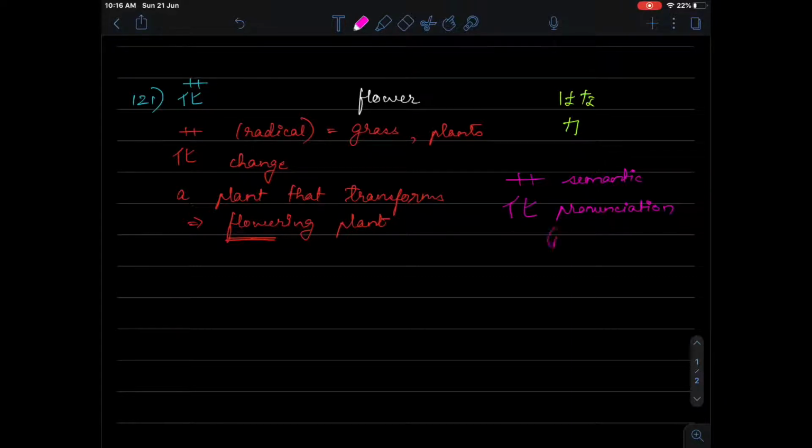You call it the phonetic hint. The semantic hint and the phonetic hint. If you remember, this part was called ka or ke. Of course, we wrote them with the katakana because we were talking about the onyomis, but they're basically ka and ke, and in this case, you're able to see that the ka reading maintains itself, right?